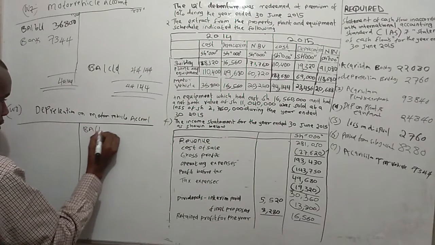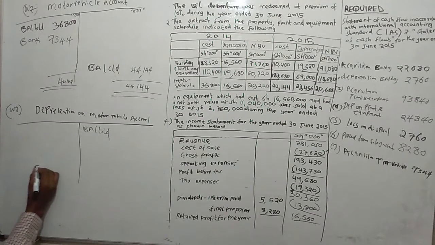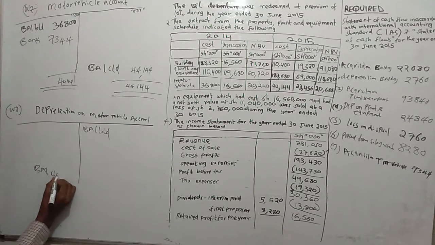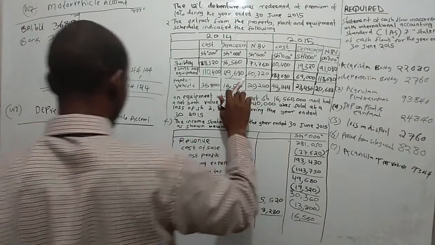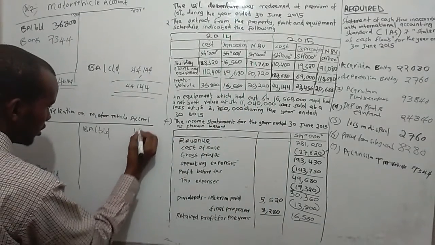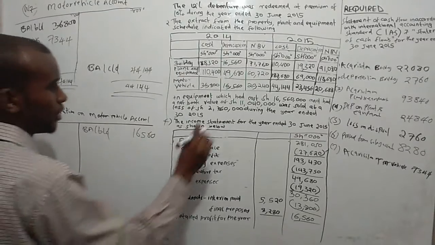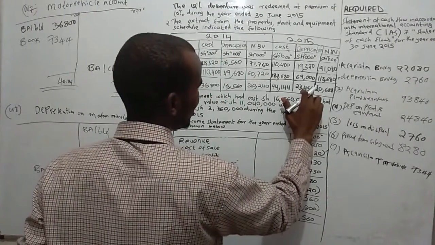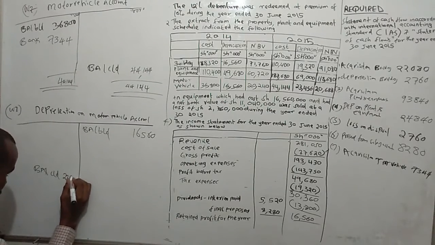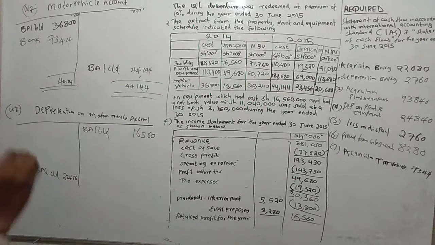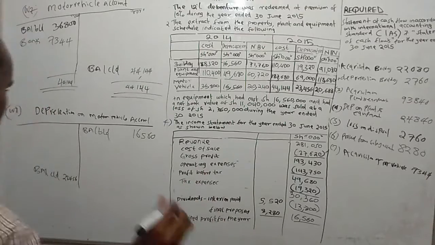Balance brought down. So let's have here balance carried down. The balance brought down for motor vehicle is 16,560. The balance carried down for motor vehicle is 23,456. There's no other information on motor vehicle, so let us balance.